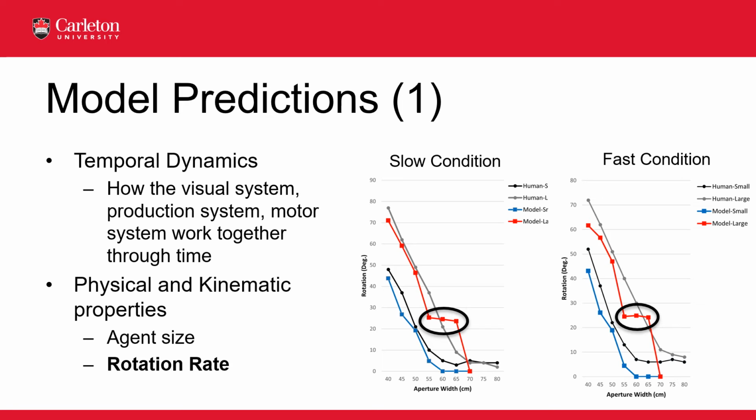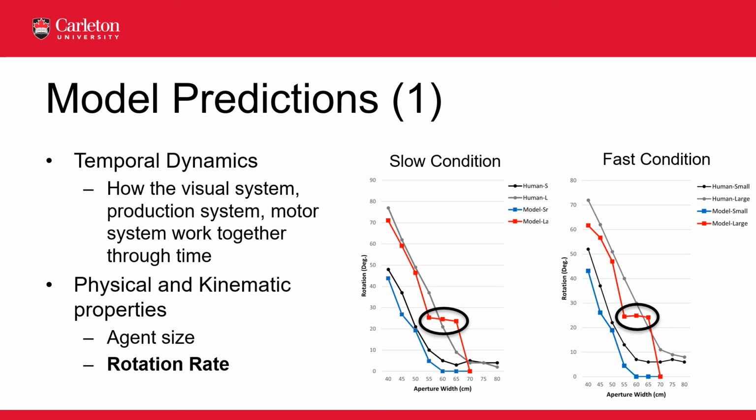We're interested really in how the visual system, the production system, and the motor system work together temporally, resulting in agent rotation. And of course, part of that mix is the agent size and certain assumptions about kinematics.